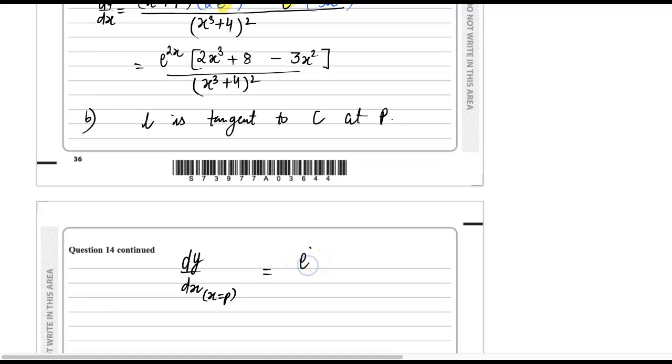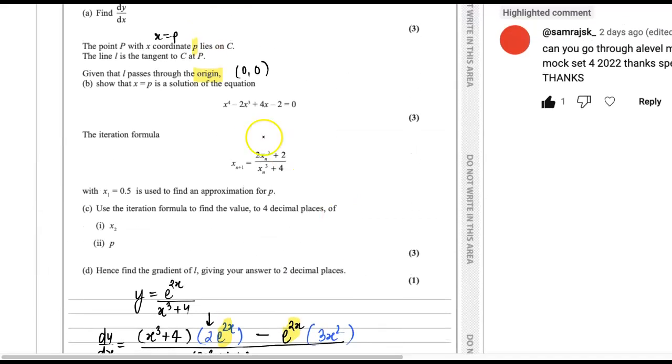So it would be e to the power 2P times 2P cubed plus 8 minus 3P squared, over P cubed plus 4 squared. This is your gradient.